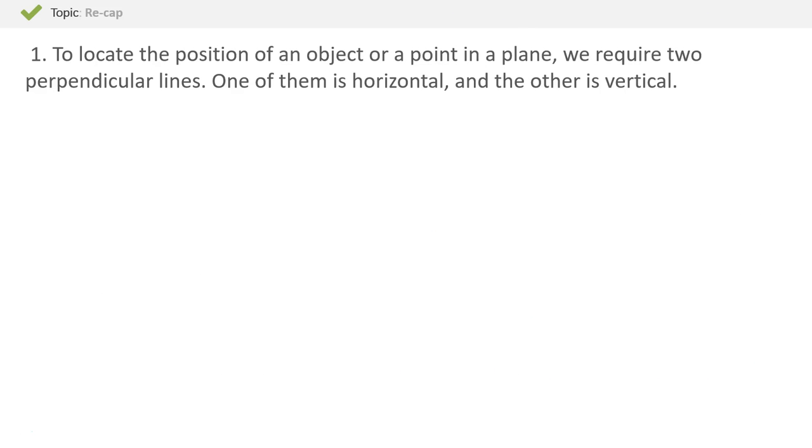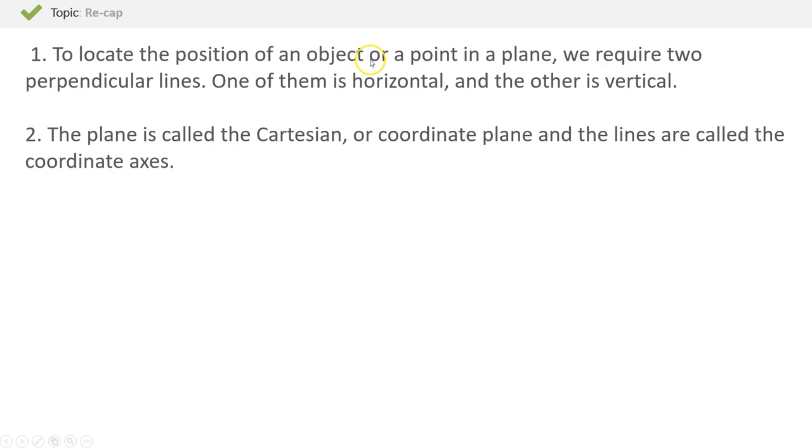Let's recap our understanding so far. To locate the position of an object or a point in a plane, we require two perpendicular lines. One of them is horizontal and the other is vertical.